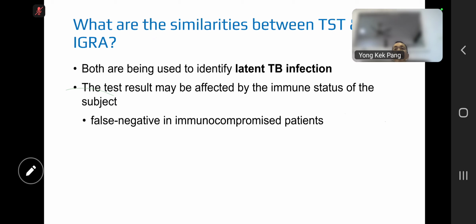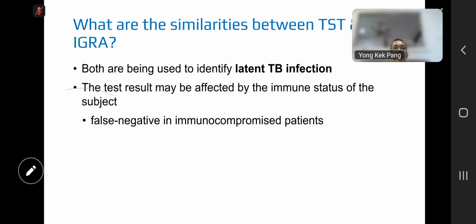Okay, and then next is talking about the similarity, right? Just now was the differences. What are the similarities? Both are used to identify latent TB. And the test result may be affected by the immune status of the subjects. Actually, if the Mantoux is negative, the question is whether you should do IGRA, but you are actually falling into the same trap as well.